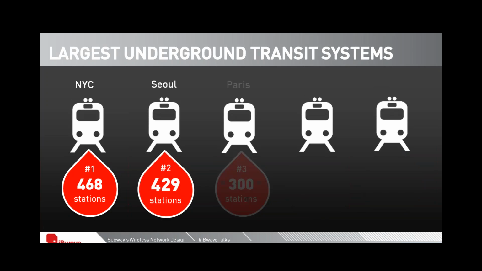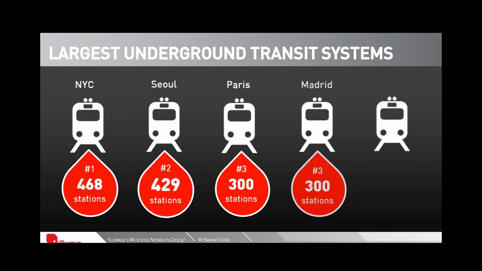The next slide shows the sheer scope of underground transit systems. You see that the first 5 busiest and largest underground transit systems have at least 300 stations, if not more, which tells you that the scope of the work when designing those underground transit systems is quite large.